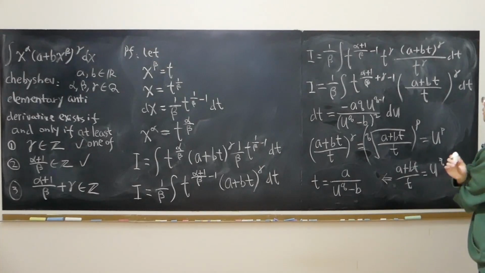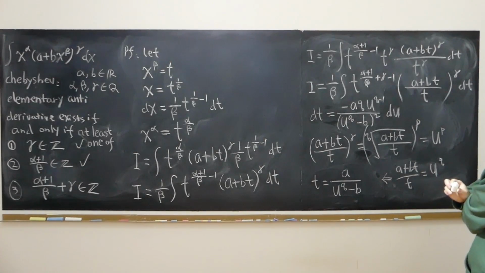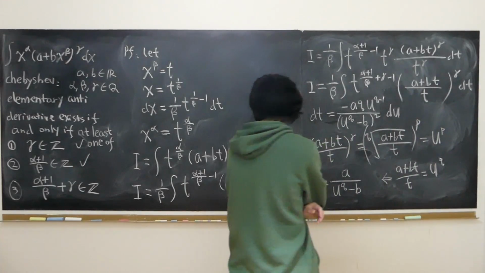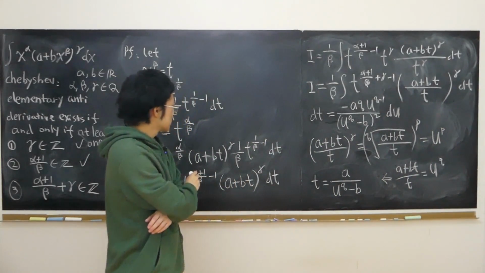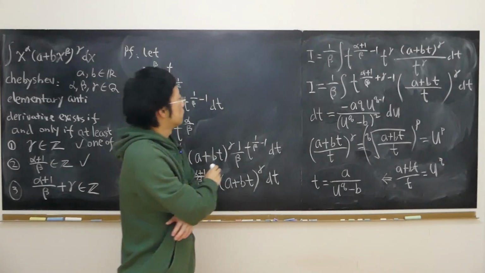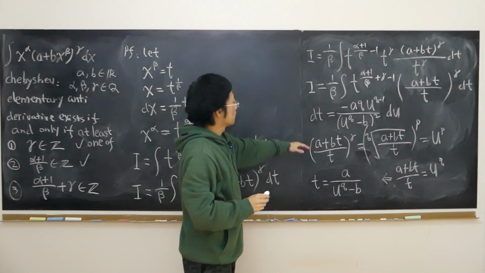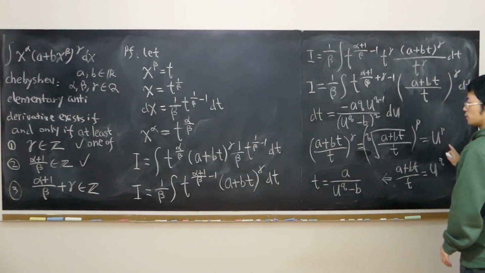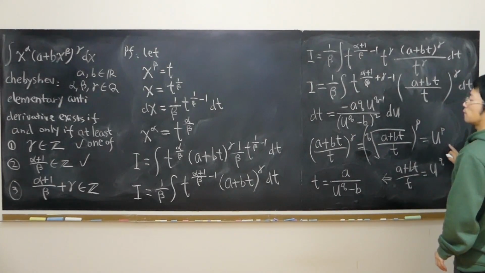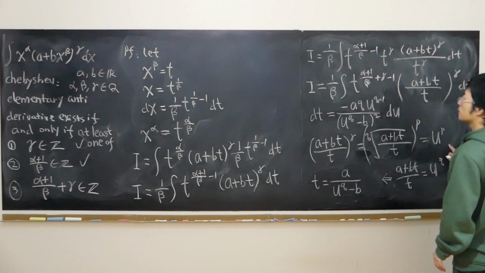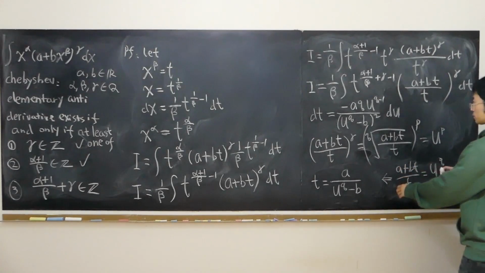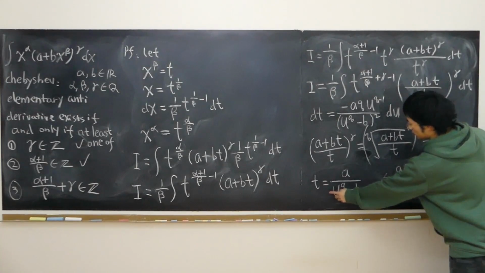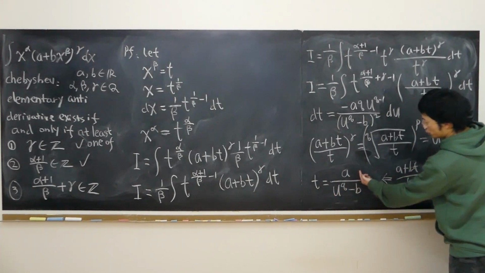du, okay. So now I have dt, and I also have this replaced in terms of u. So t is now represented in terms of u.